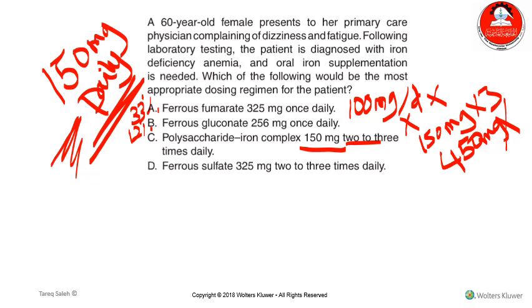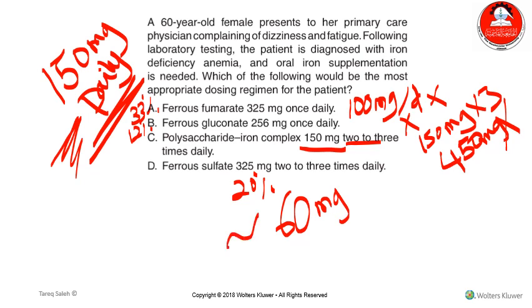Last choice says that you can use ferrous sulfate at 325 milligrams 2 to 3 times daily. You know that ferrous sulfate has 20% elemental iron. This means that in each tablet of 325 milligrams, you will have something around 60 milligrams iron.